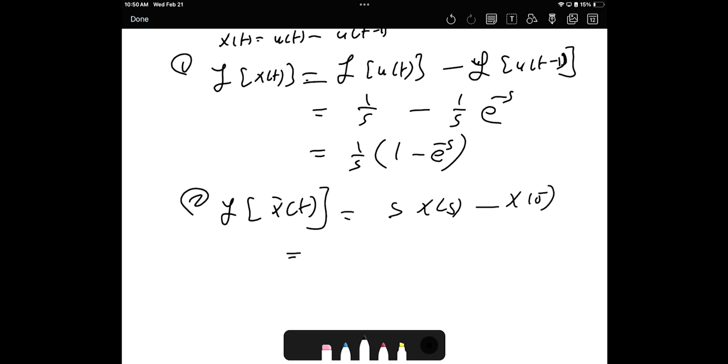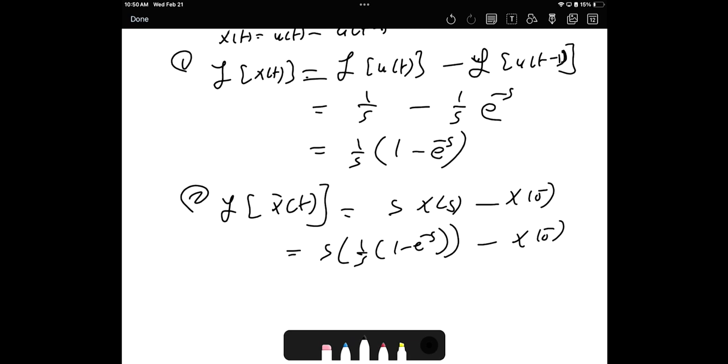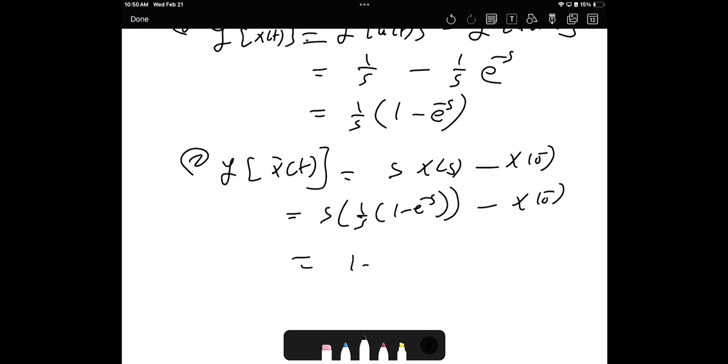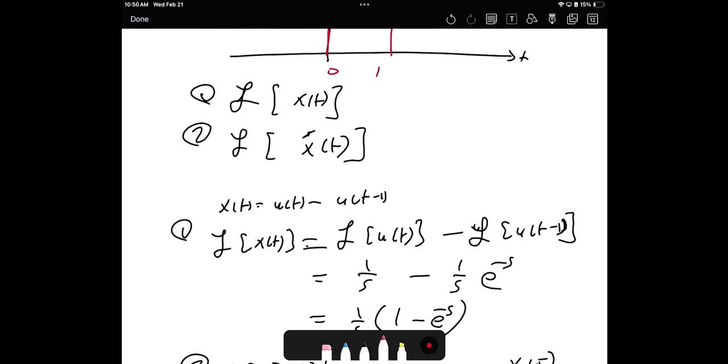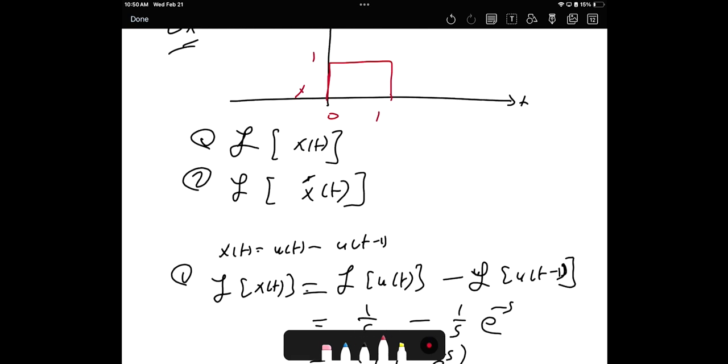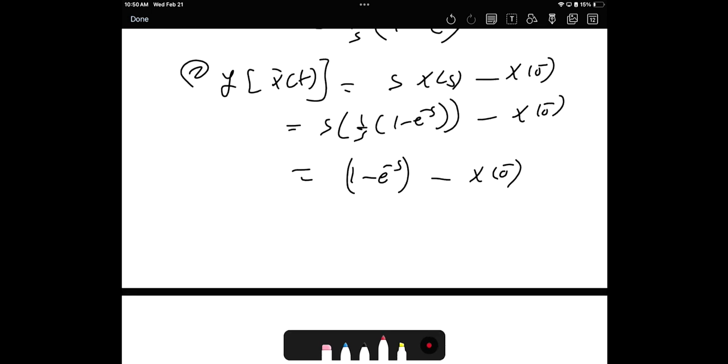So which is going to be s times 1 over s times 1 minus e to the negative s, minus x of 0 negative. Then it's going to be 1 minus e to the negative s minus x of 0 negative. X of 0 negative, go to this function. So x of 0 negative equals 0 by looking at this x of t. So this is equal to 0. So the answer will be 1 minus e to the negative s.